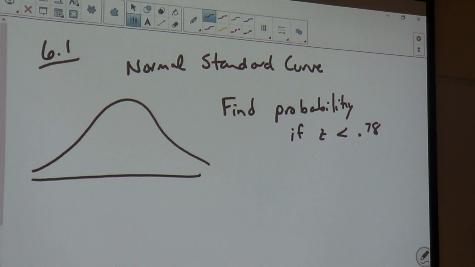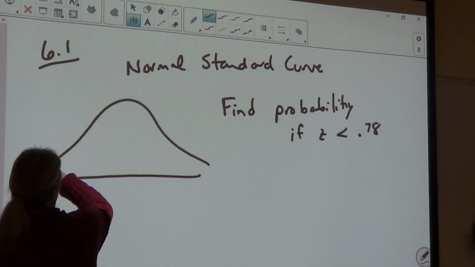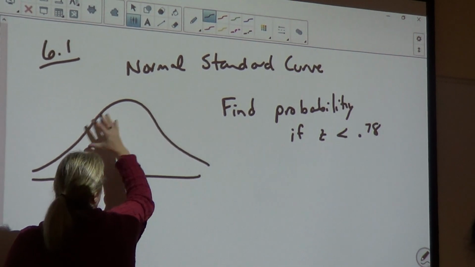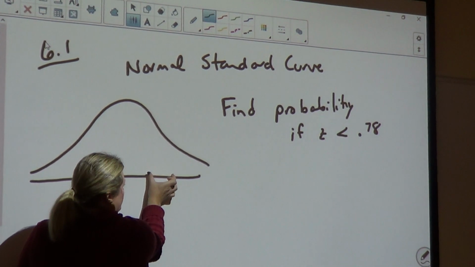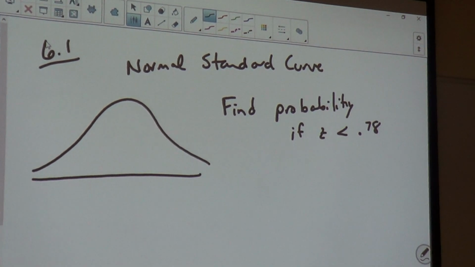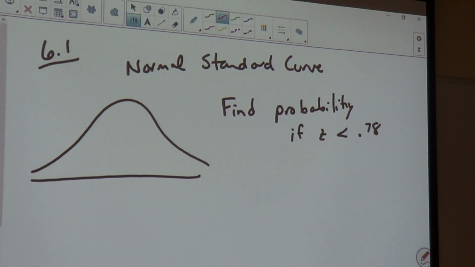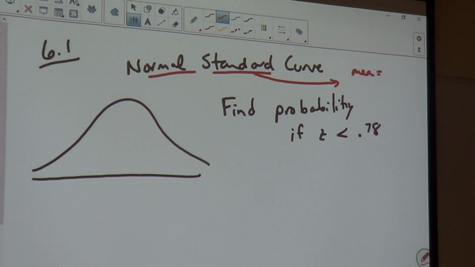We want to know the area under the curve if our data point is 0.78. Now, first thing, if it is a normal standard curve, what do we know about the mean, and what do we know about the standard deviation?